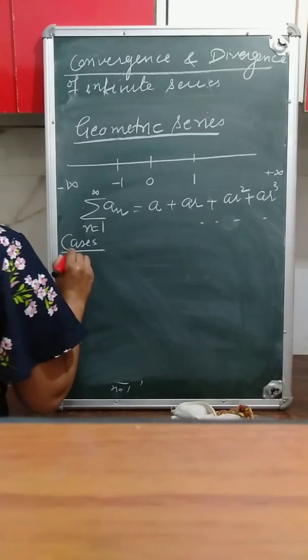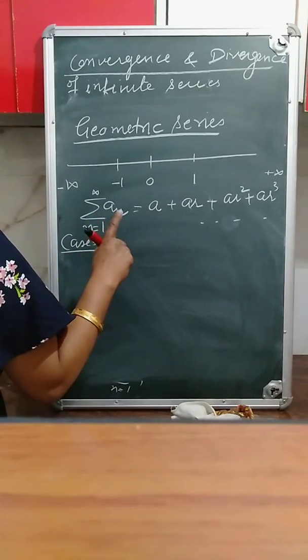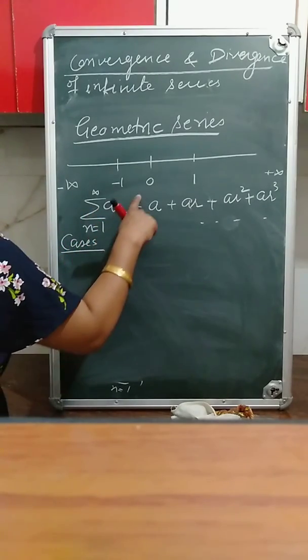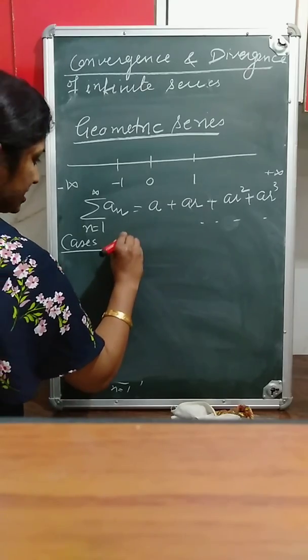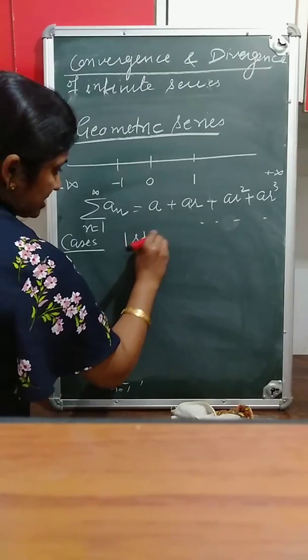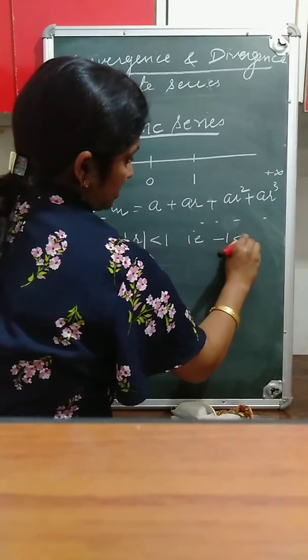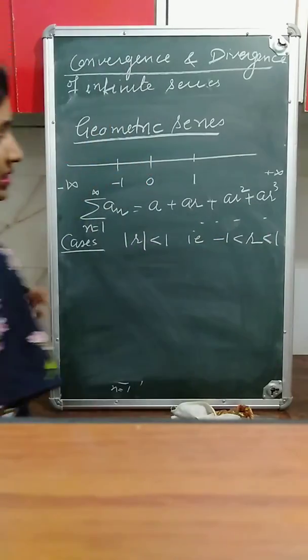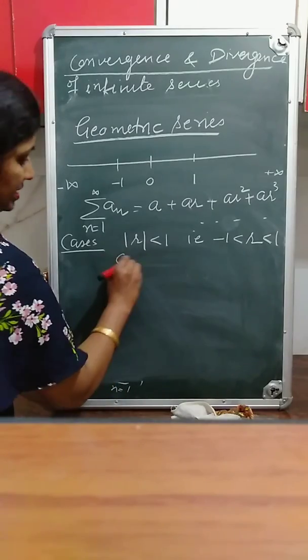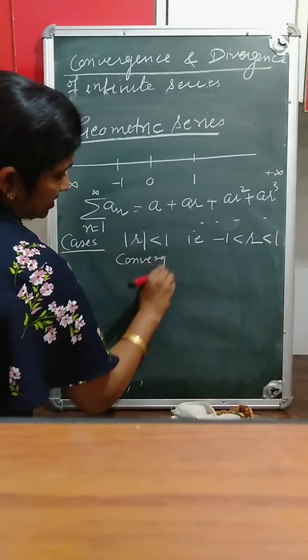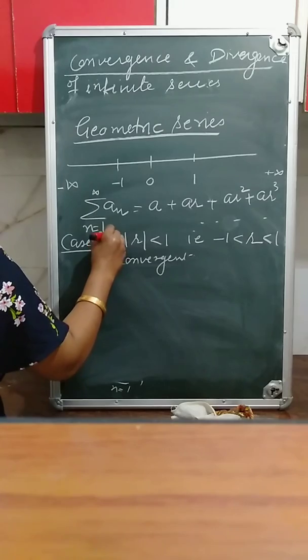Case 1, when modulus of r is less than 1, that is minus 1 less than r less than 1, this geometric series is convergent.